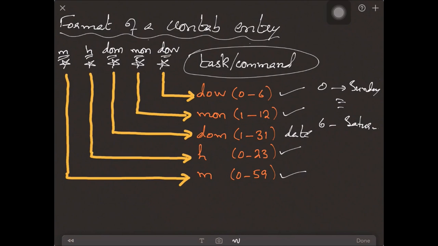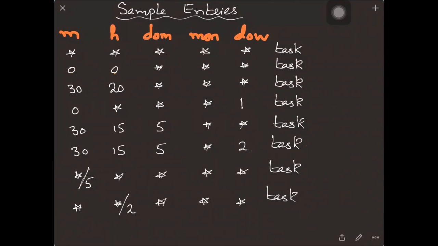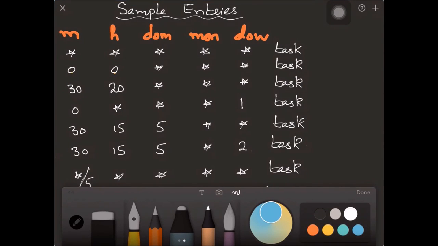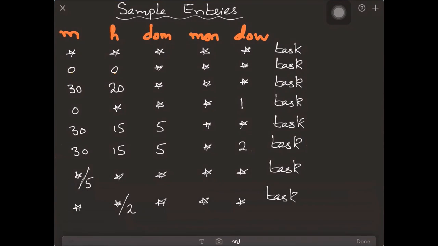Before we put an entry in our cron tab file, let's see some examples. These are some examples. Remember, this is example 1, example 2, example 3, 4, 5, 6, 7, 8. These are 8 different entries which you can put inside the cron tab file of yours.